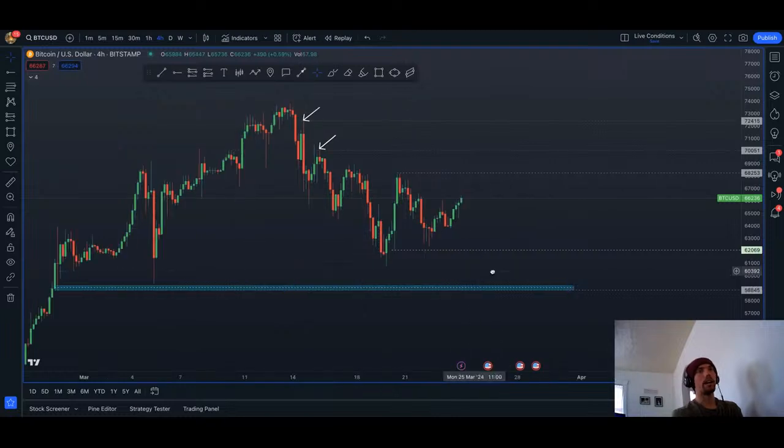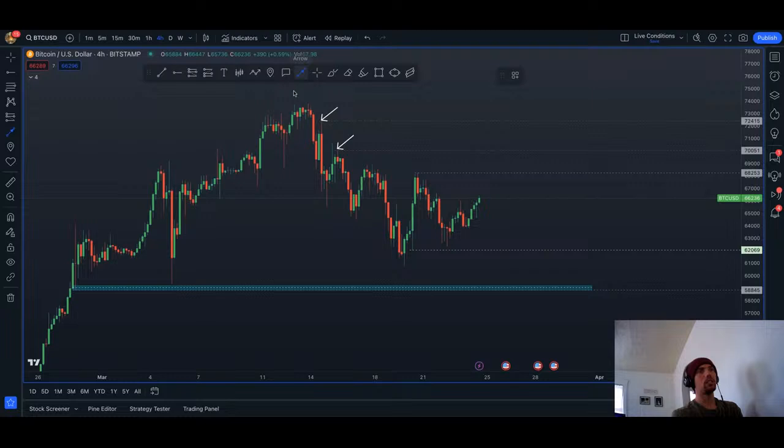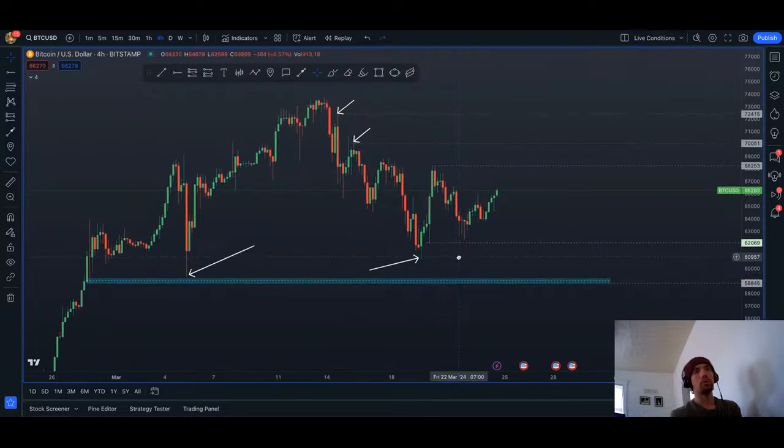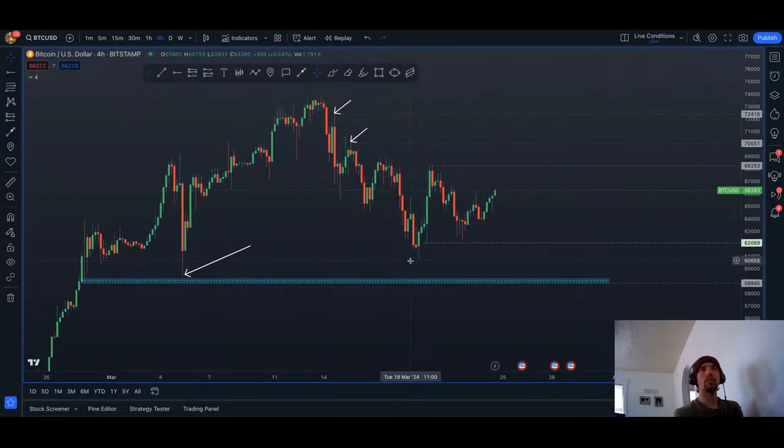And why am I not using this, and why am I not using this one? Pretty simple, because these are indicators. This is an indication to me that price never got filled, and this is an indication to me that price has now broken all these lows.